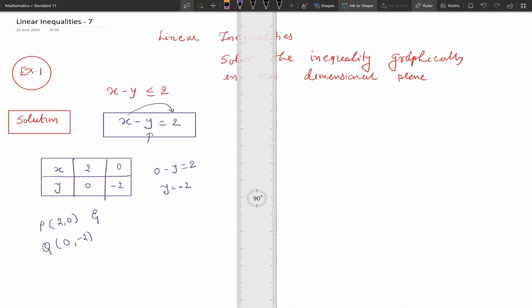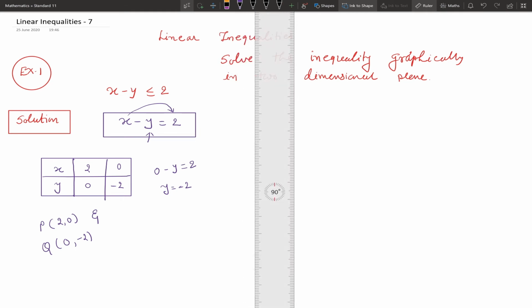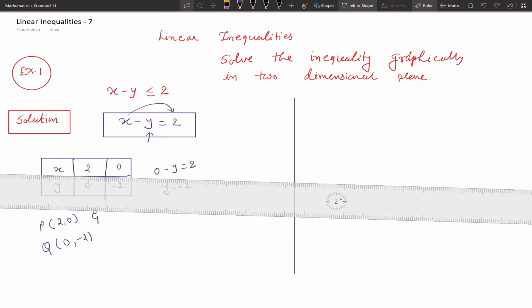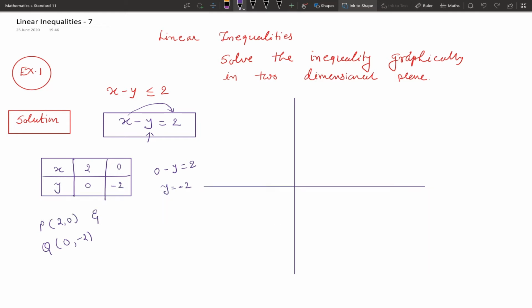So now let us draw the xy plane. This is x axis, y axis.